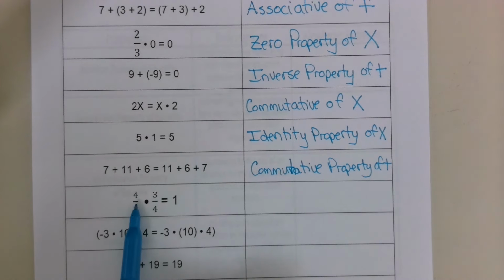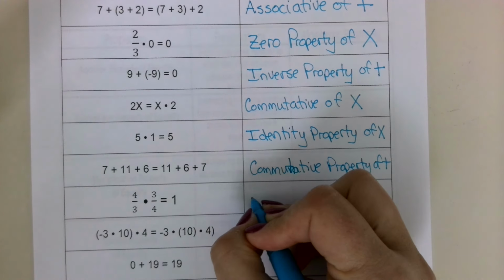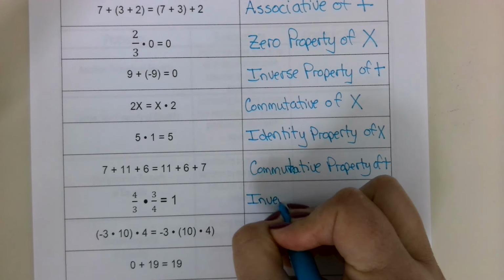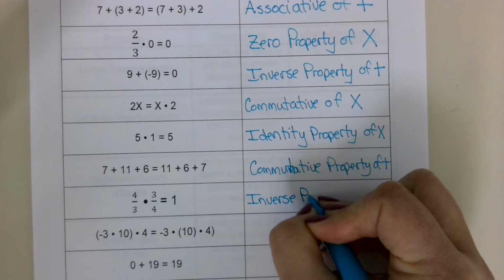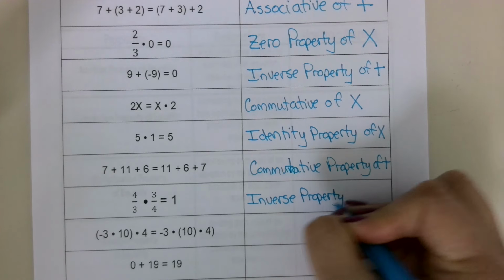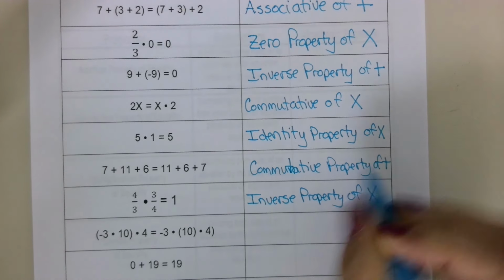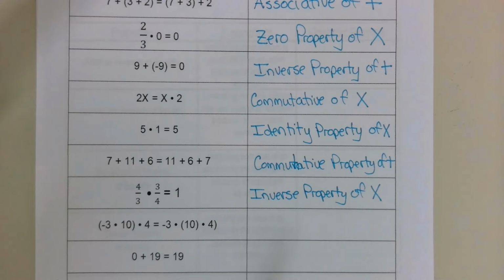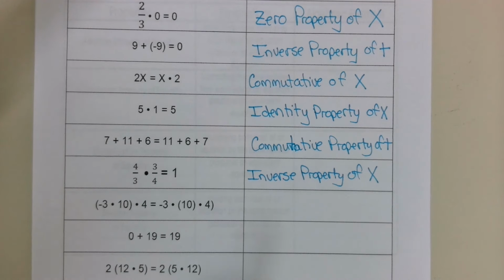In this case, I have a fraction multiplied by the reciprocal equals 1. That is the inverse property of multiplication. Any number multiplied by its reciprocal will equal 1. In this example, I did make a little mistake.